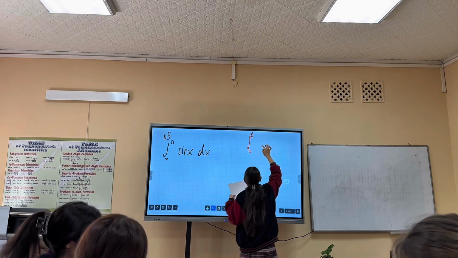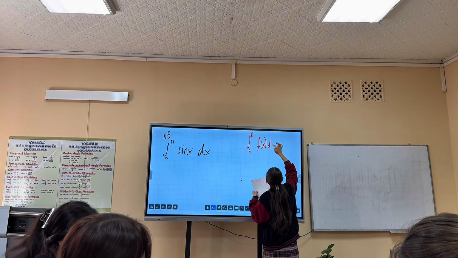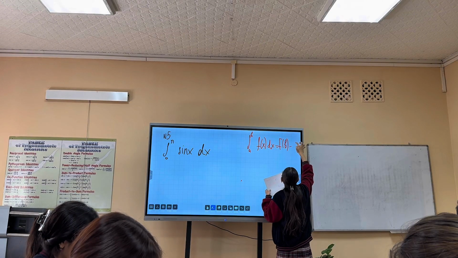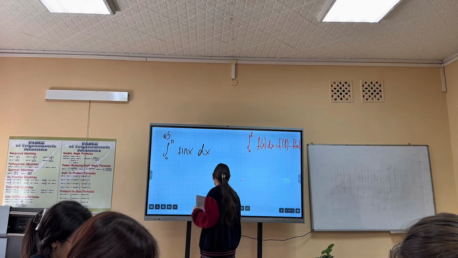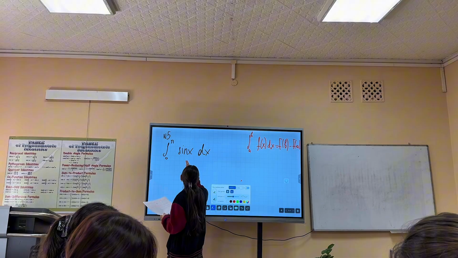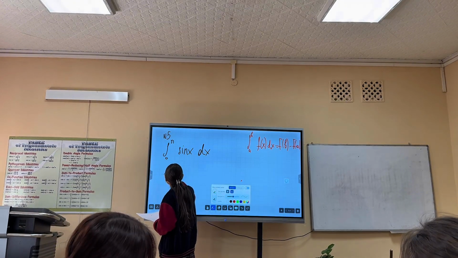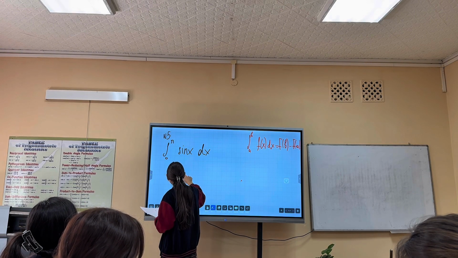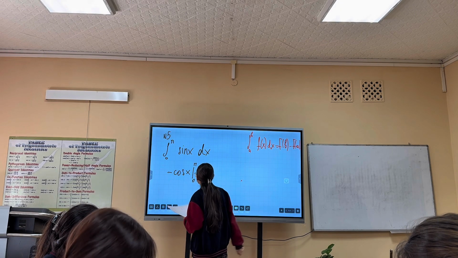It's the integral from the lower limit A to the upper limit B of f of x equals F(b) minus F(a). So here we're doing by this formula. At first we should take sine x out of the integral, do kind of opposite integration. So it will be minus cosine x. So the limits are pi and 0.